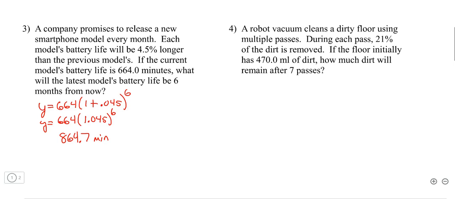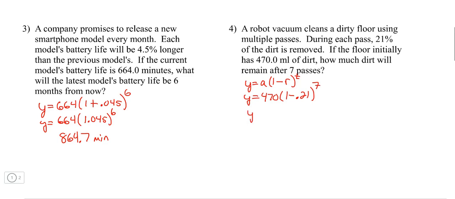So there's 21% less dirt each pass, so this is a decay. So for a decay, the equation is y equals a times 1 minus r to the t power.